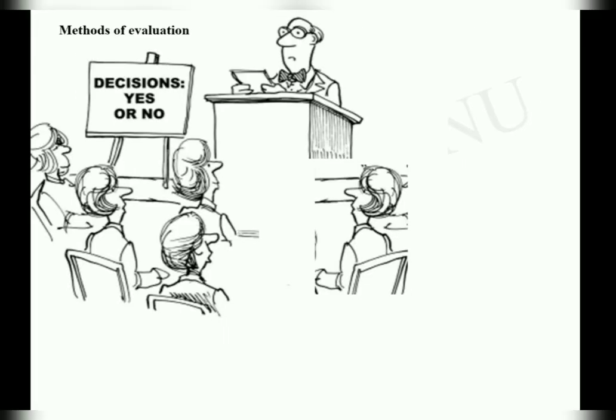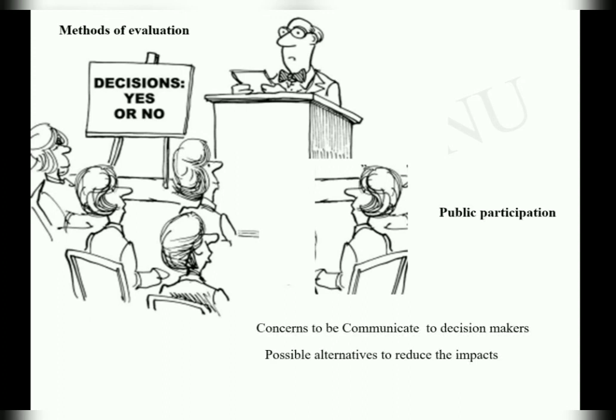In the methods of evaluation, the EIA gives a platform to the public which is directly affected by the particular project or action, with the help of a term known as public participation. Public participation is incorporated in environmental impact assessment to hear the concerns of the public in and around that particular area which is directly affected by the project.